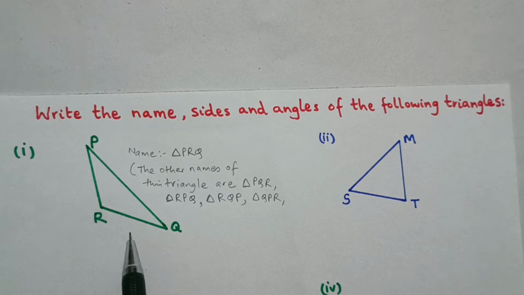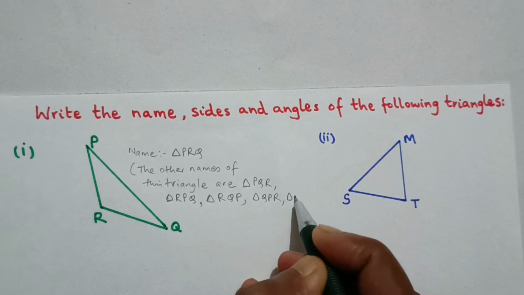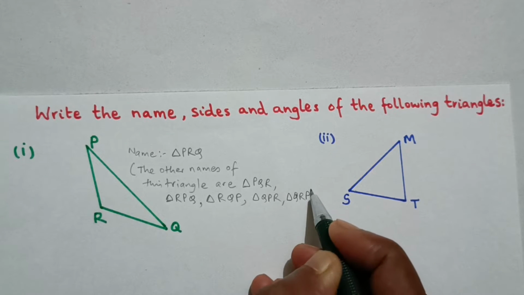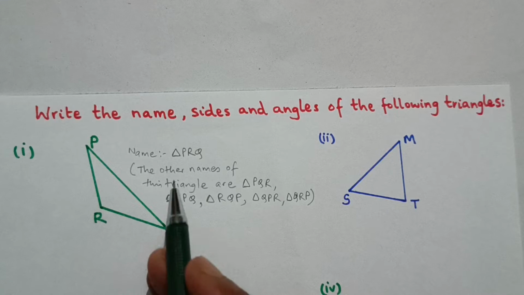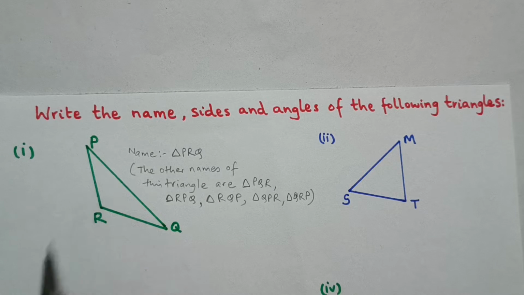Or you can name this triangle as triangle QRP. Triangle QRP. So these are all the names of this triangle.